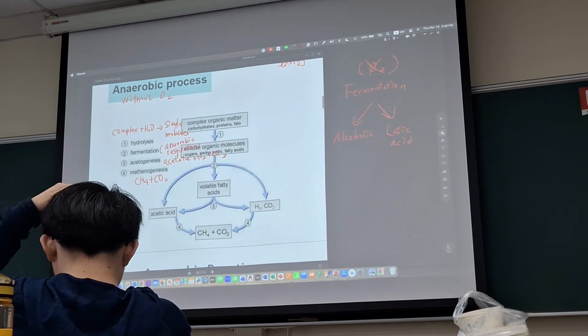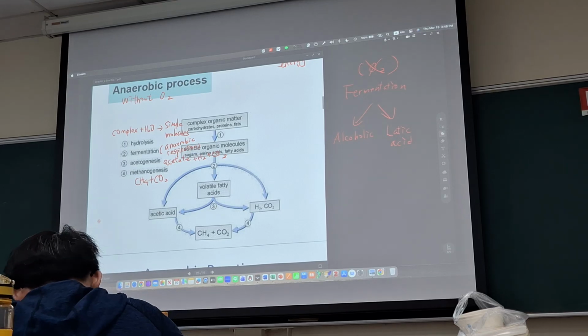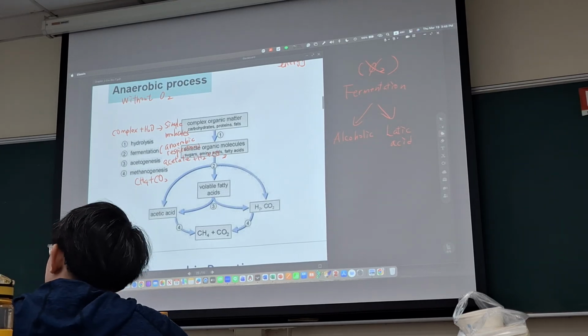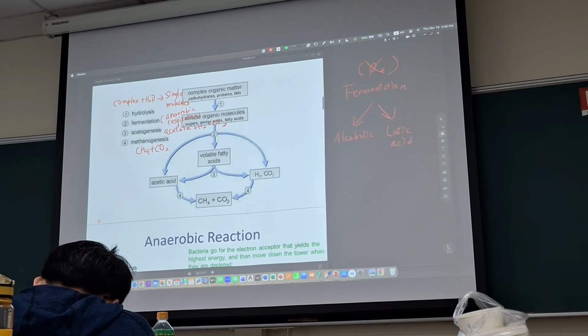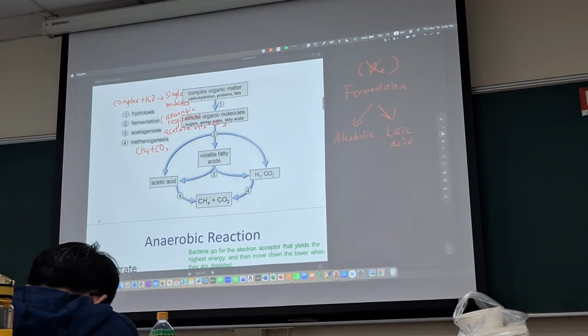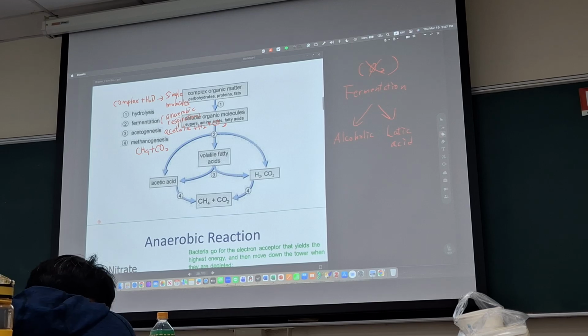One is called alcoholic, it will produce alcohol. The other one is called lactic acid, it will produce lactic acid. Acetogenesis will produce acetate plus hydrogen plus carbon dioxide. And the final step is methanogenesis, which will produce methane and carbon dioxide.